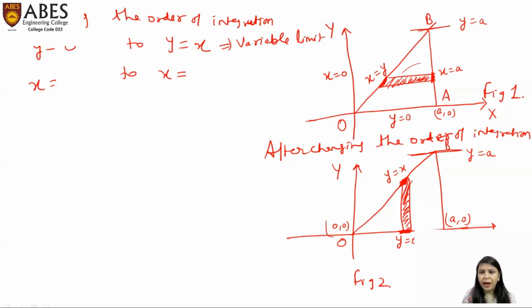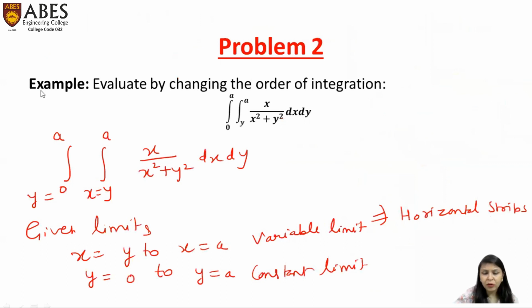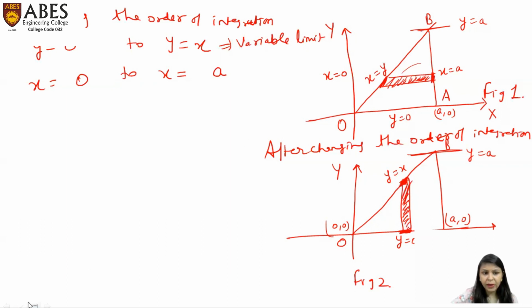Variable limit, and the value of x is 0 to a, and the order of integration will be changed. In the given question, the order is dx dy. Now the order of integration will be dy dx.